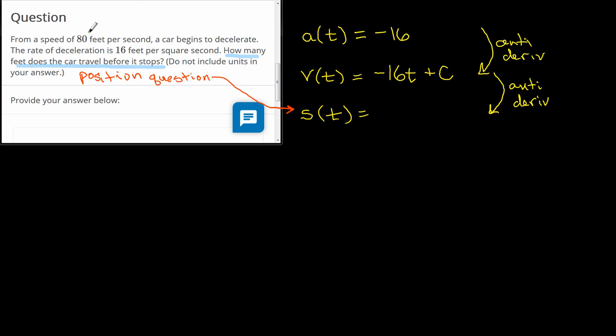The other information that the problem gave me was that the car was initially traveling at 80 feet per second. So let me think about what that means. This is how fast the car was going at time 0. So I could say at t equal to 0, at the moment when the car hit the jello, the velocity was 80.